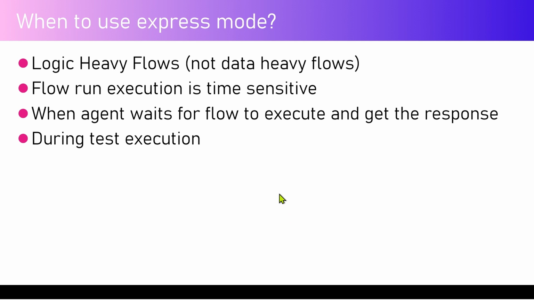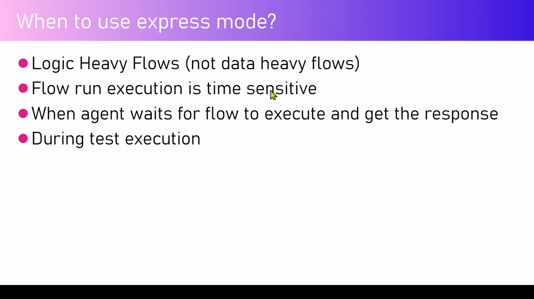When to use the express mode? When the flow is logic heavy, remember, not data heavy. If you're transferring more information or more data from the connectors, that's not the use case. But if it's logic heavy, and you need a lot of CPU power, and you need to execute that piece of code faster, say in milliseconds, or you want to execute it very quickly, then go for that.